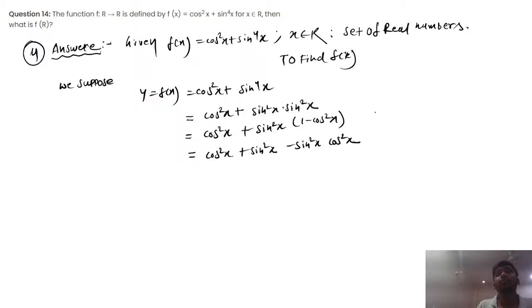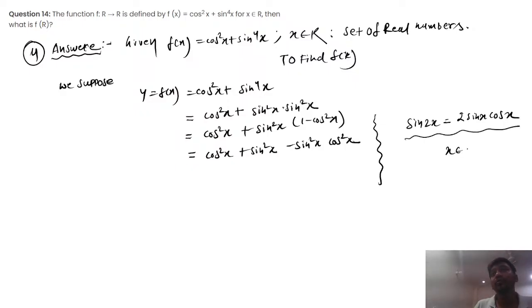Okay, so we know that. What is the formula of sin 2x? It is 2 sin x cos x. Basic part, right? Where x belongs to the set of real numbers. Okay, so in the next step, can we write like this?